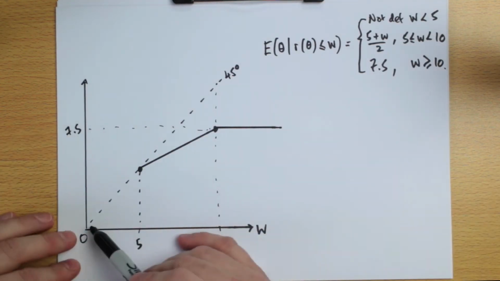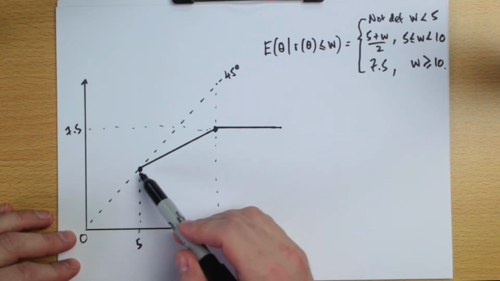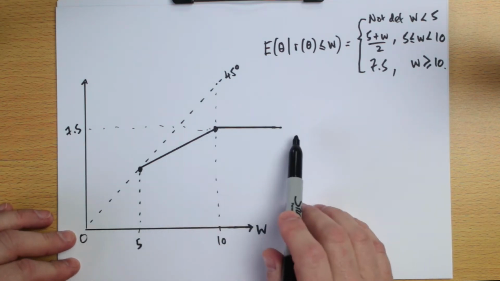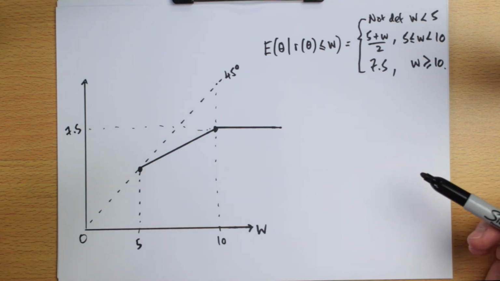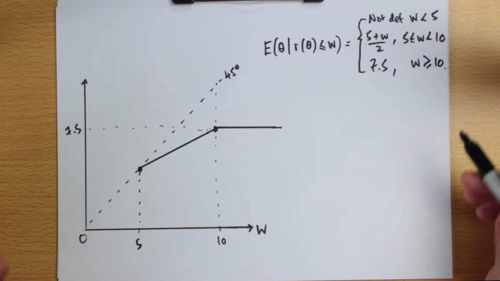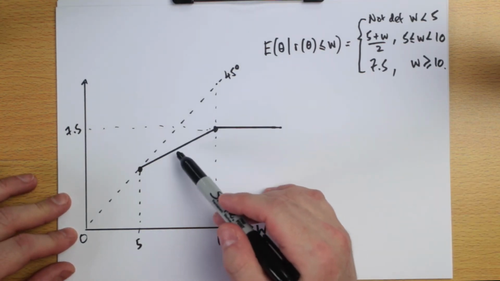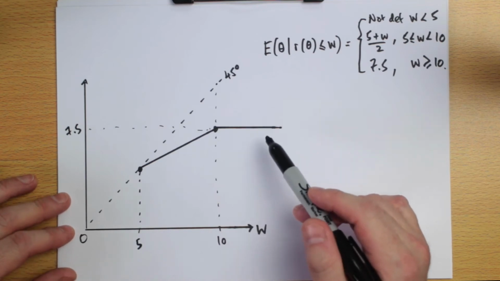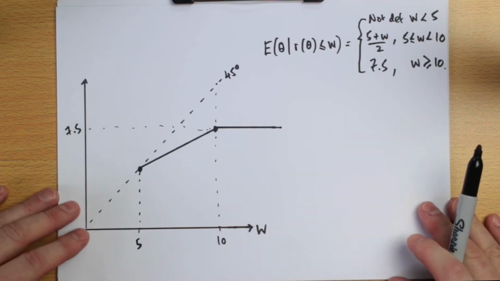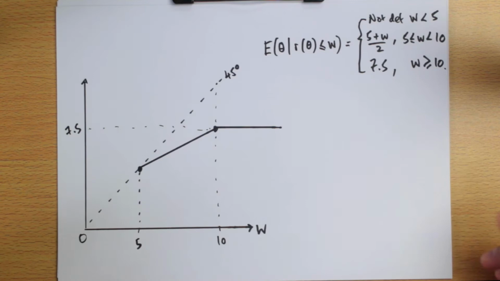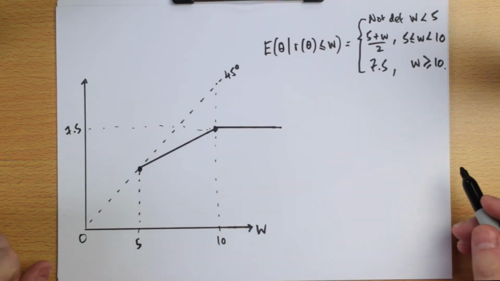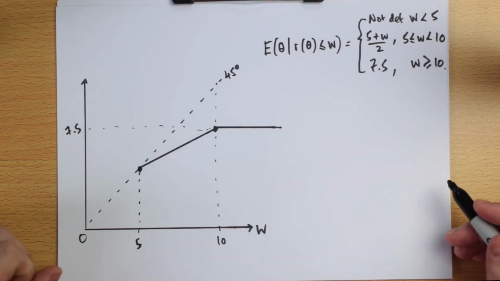So it has a period of not being defined, then it's increasing, and then it's flat. The reason I suggest drawing all the pieces in a diagram is that sometimes the equilibrium will happen on the increasing part, and sometimes on the flat part. So it's important to get the diagram straight, and then you'll have a good idea of where to look for the equilibrium.